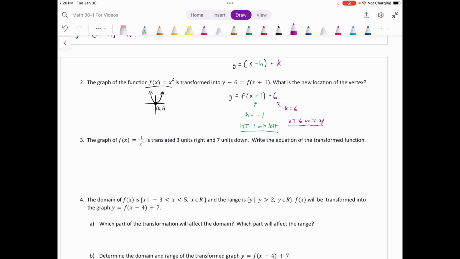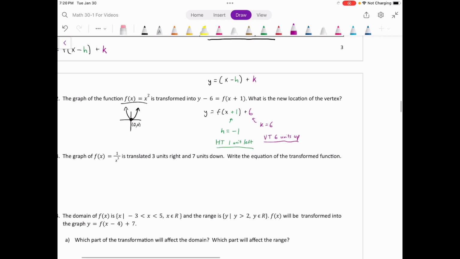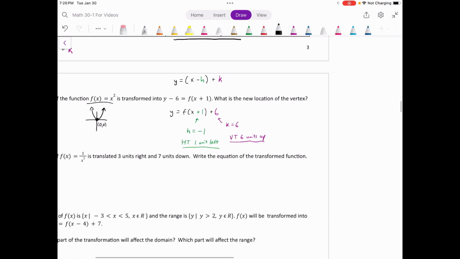All right. Well, that lets us think about this pretty easily then, because if my vertex started at 0, 0, I moved it 1 unit left. What's that new x coordinate? Well, 0, 1 left. It's now going to be at negative 1, right? And 6 units up, starting from 0, add 6, right? It's going to be now at a y coordinate of 6.